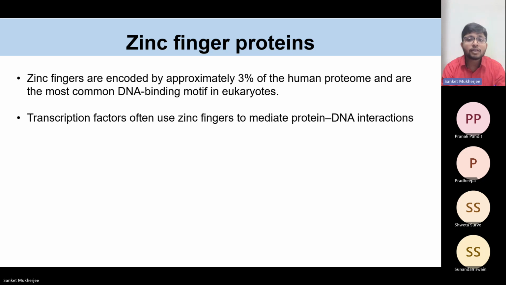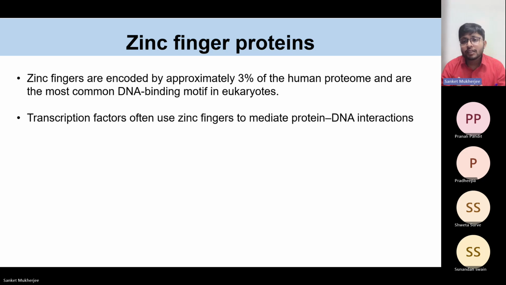Initially, discovering them was also difficult because zinc was involved. Whenever any reducing agent or chelators were used, the conformation of these proteins used to change. That's why it was discovered later, but it is one of the most common DNA binding motifs in eukaryotes.